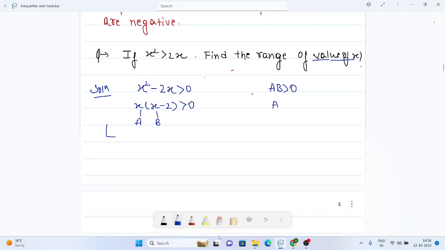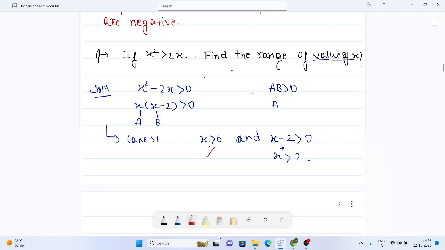In case 1, x is greater than 0 and, because both have to be true, x minus 2 is greater than 0. This gives x is greater than 2, and I have to take the common solution.